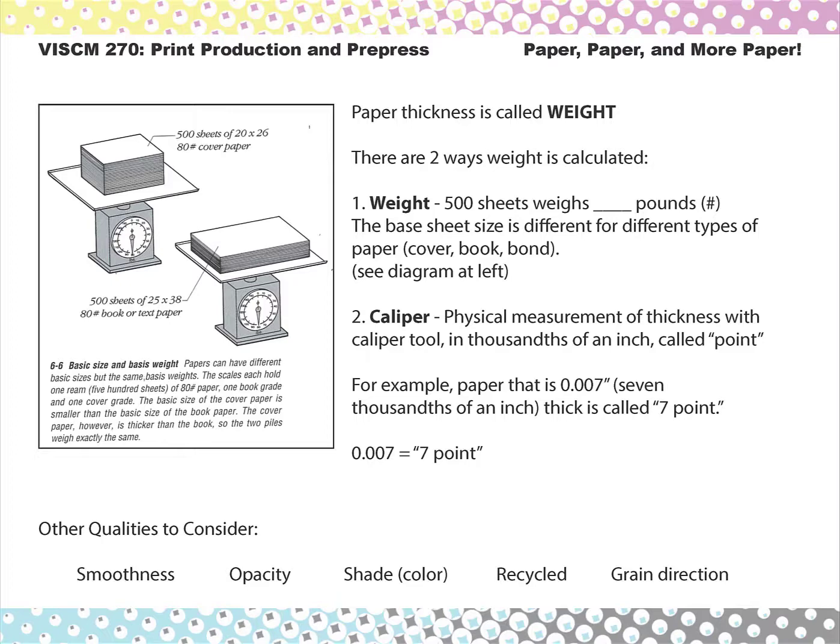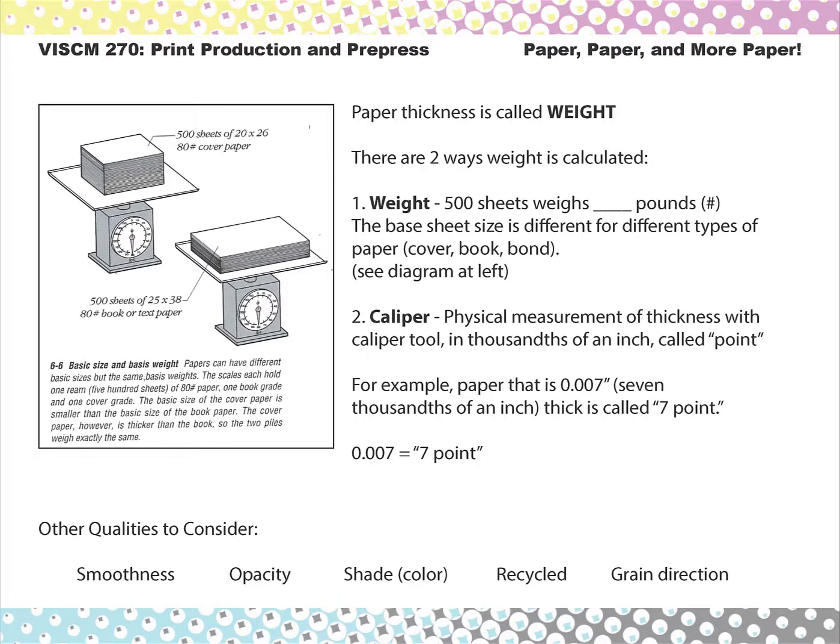Well, when they say a 50-pound paper or 80-pound paper or 100-pound paper, they're talking about the way that the paper is measured, through the weight. That's generally a formula where they take 500 sheets of the paper, of a base sheet size. So if it's cover paper, it's going to be 20 by 26. If it's text paper, it's 25 by 38.